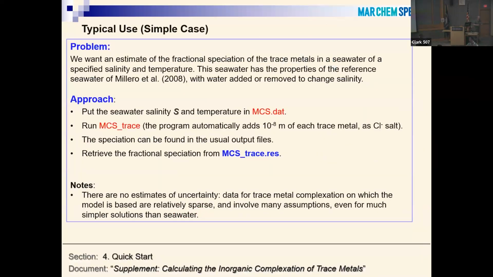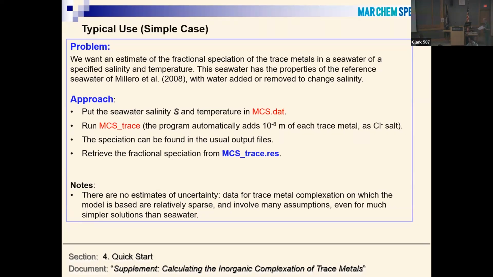So the simplest possible use case is we want an estimate of the fractional speciation of the trace metals in seawater of a specified salinity and temperature. This seawater has the properties of the reference seawater, again just with water added or removed to change the salinity. So all we have to do is put the salinity and the temperature in mcs.dat, as we have in some of the other versions of the program.